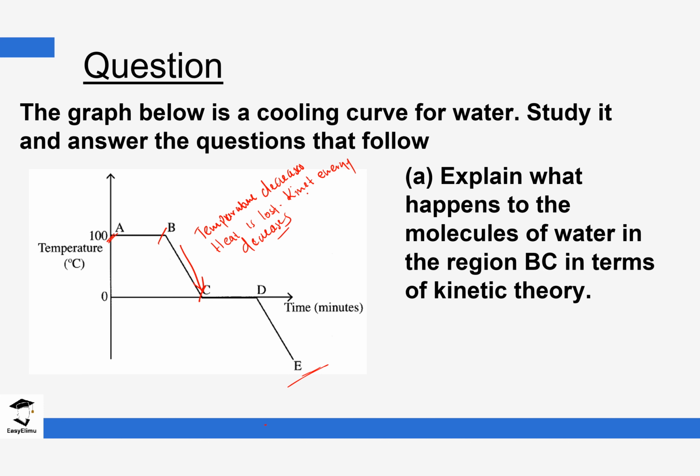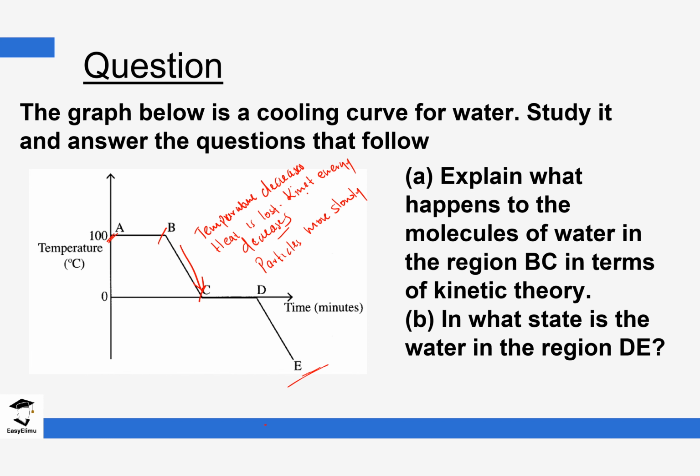If the kinetic energy decreases, then the particles move slowly. So this is what is happening at region BC. Temperature decreases, heat is lost, kinetic energy decreases, and then the particles move very, very slowly.